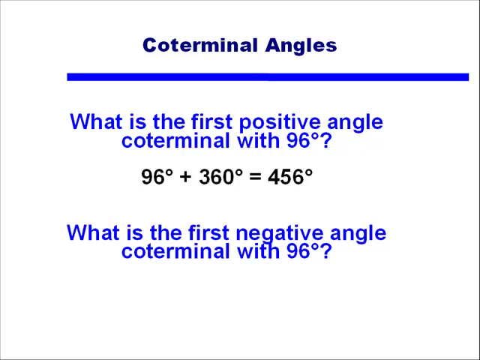If then we're asked what's the first negative angle coterminal with 96 degrees, instead of adding 360 degrees, we're going to subtract 360 degrees from our 96, and that gives us an angle of negative 264 degrees. So this is how you find angles that are coterminal with a particular angle. You either add 360 degrees or subtract 360 degrees.